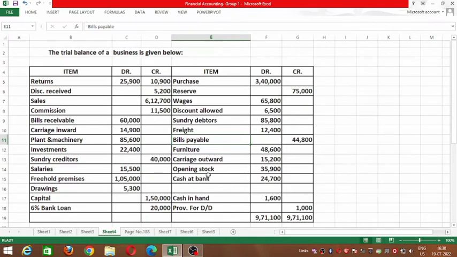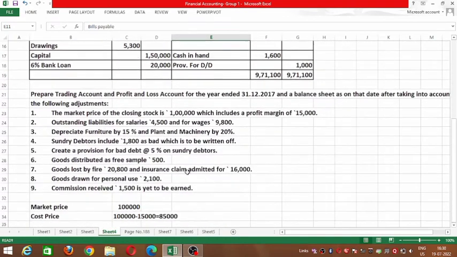Next, outstanding liabilities. Outstanding liabilities are given in the adjustment also, that is salaries and wages.